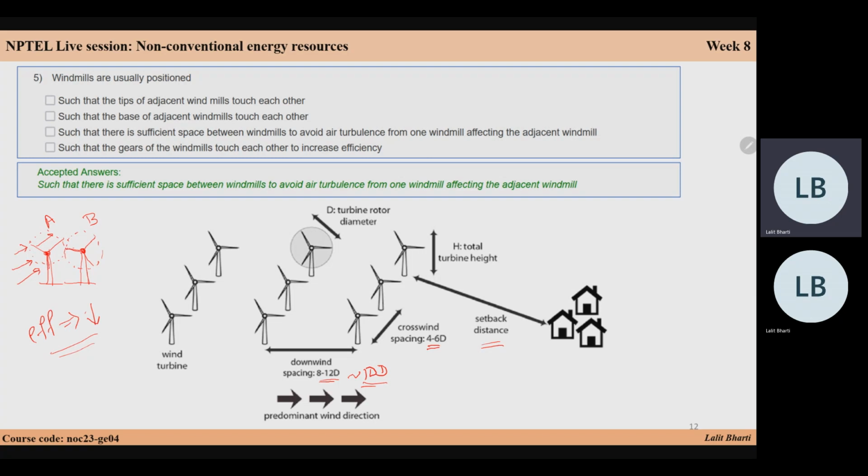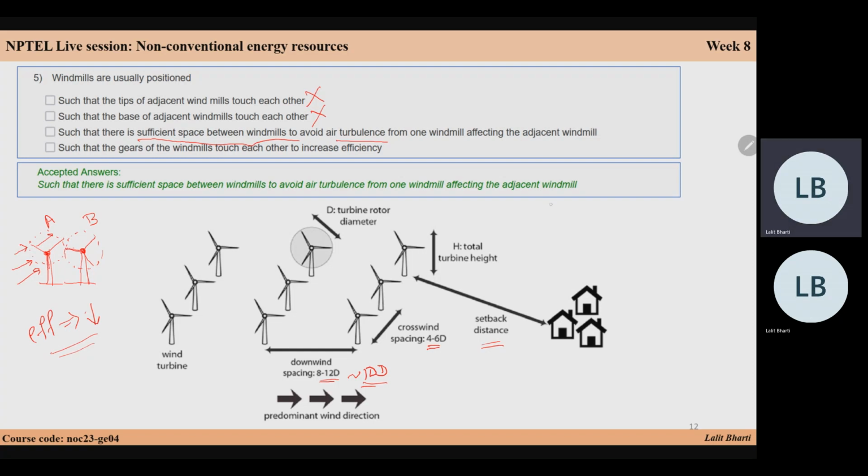Our question says windmills are usually positioned such that the tips of the adjacent windmills touch each other. This is the first case, it will not be correct. Such that the bases of adjacent windmills touch each other, that will also be incorrect. Such that there is sufficient space between windmills to avoid air turbulence from one windmill affecting the adjacent windmill.